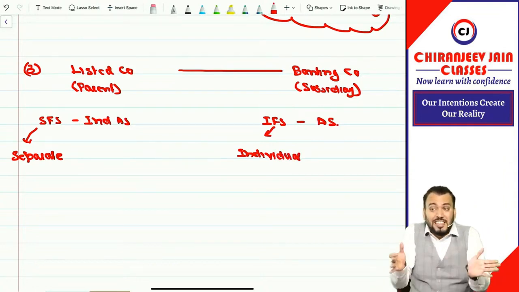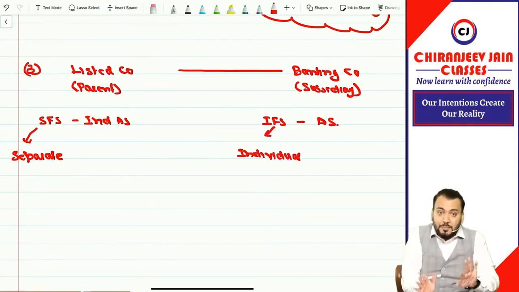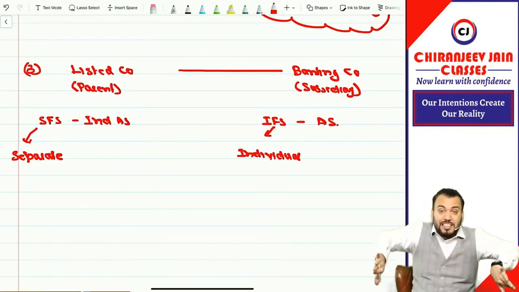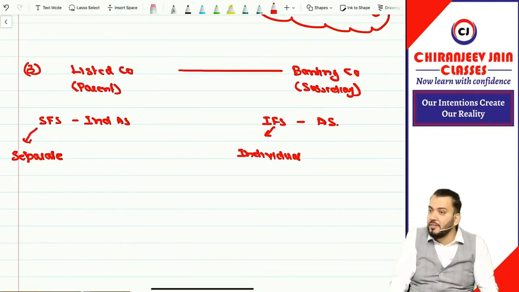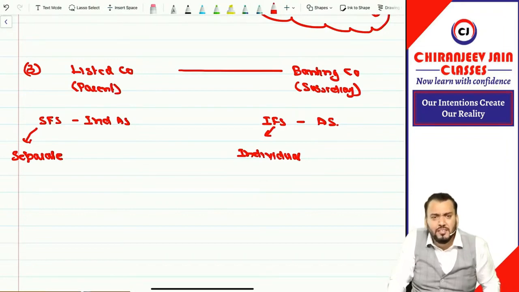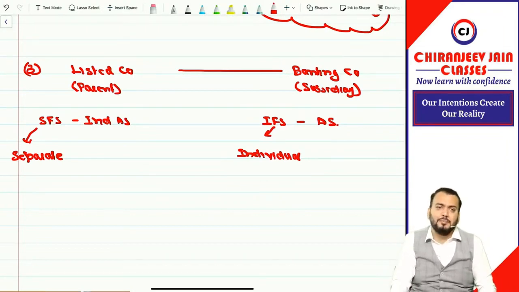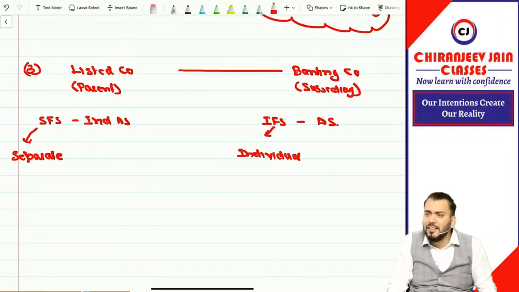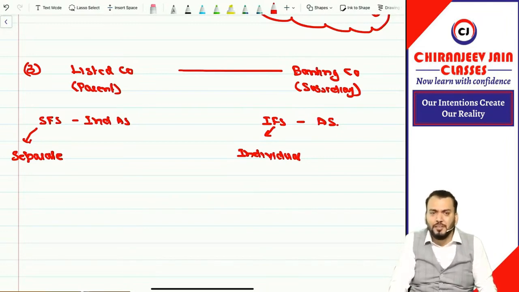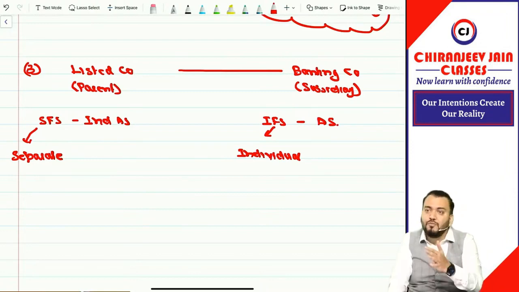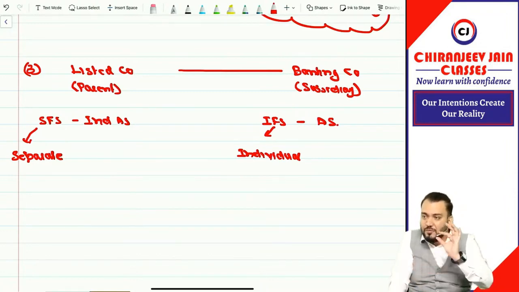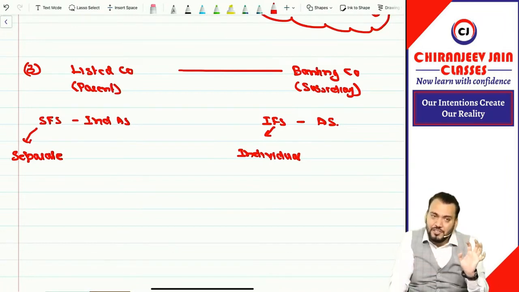You can't interchange them. SFS means separate financial statement; IFS means individual financial statement. IFS is commonly known as standalone financial statement also, but under Ind AS the name used is IFS. Therefore I am also using IFS.